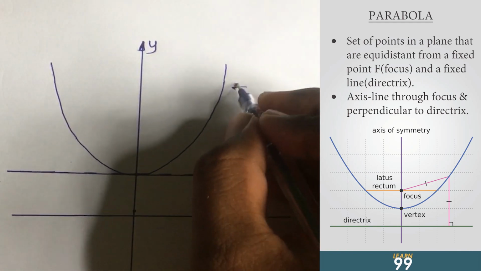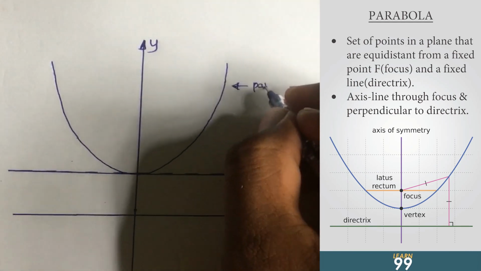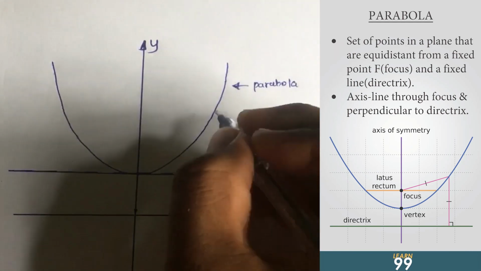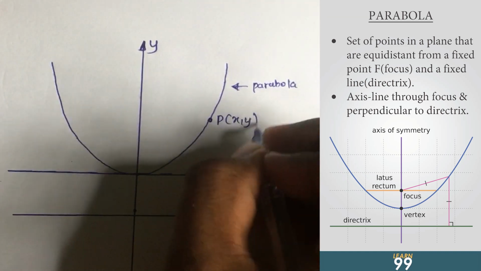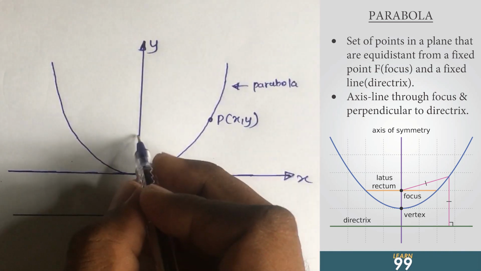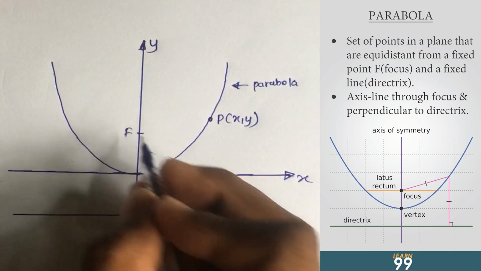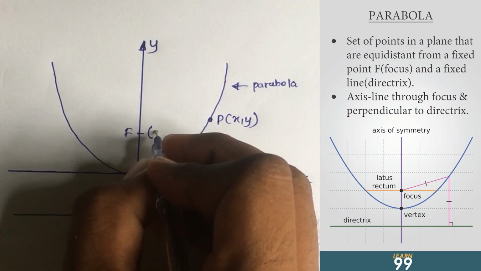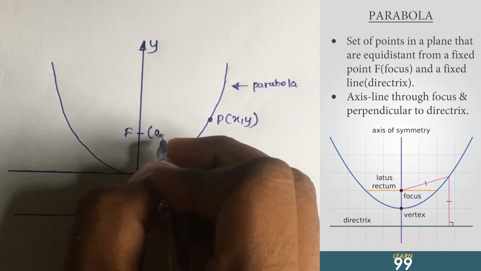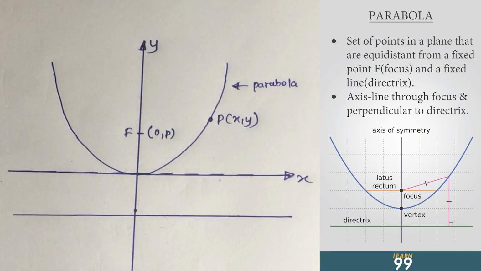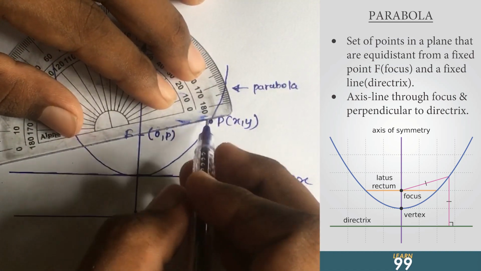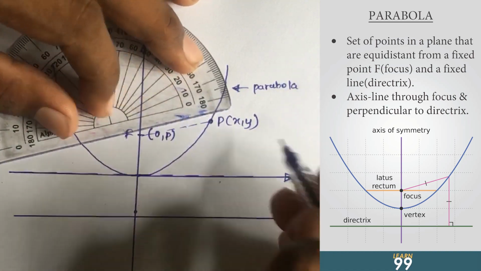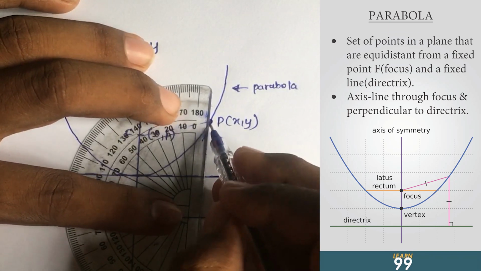Now we can get the simple equation for parabola if we place its vertex at the origin. Okay, let's place the parabola at origin and define some points. Our focus point is at (0, p), and also a common point of the parabola, which is point P, which has x, y coordinates.